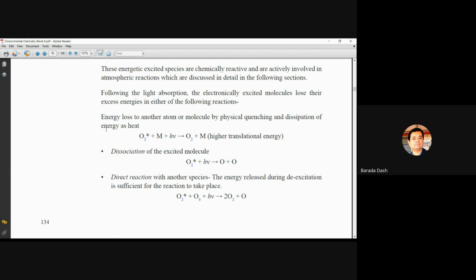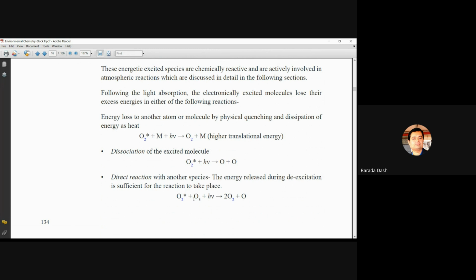you have a formation of an oxygen molecule and M, which has higher translational energy. Then dissociation of the excited molecule: O2 star plus h nu becomes O and O. Direct reaction with another species: the energy released during de-excitation is sufficient for the reaction to take place.